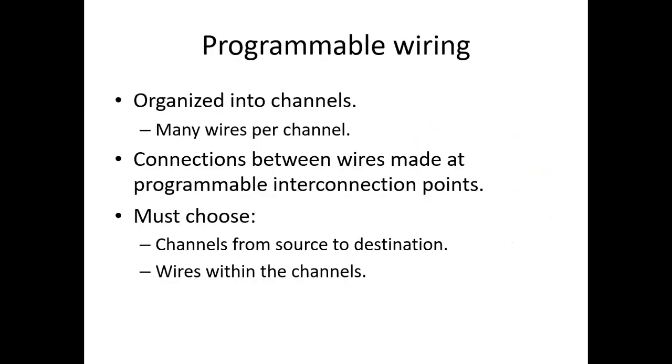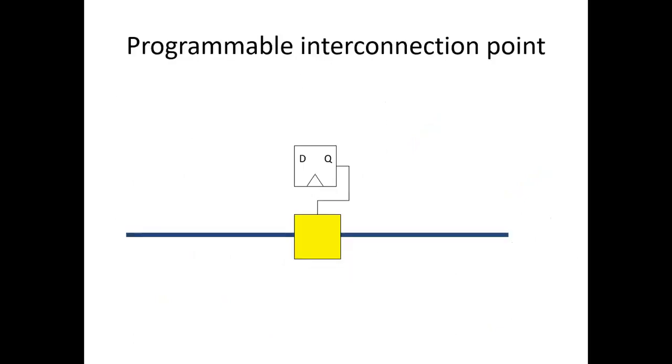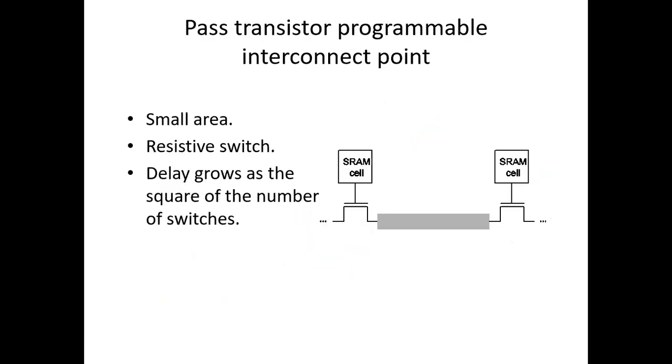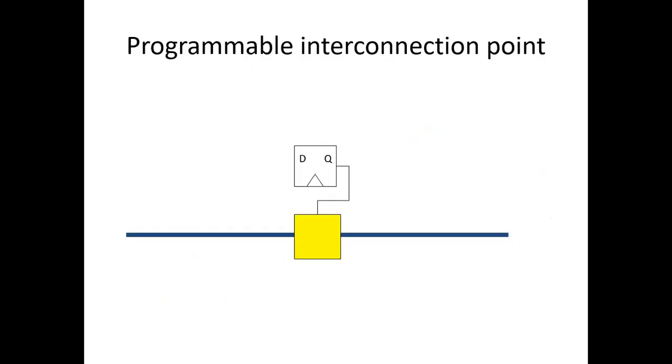Now programmable wiring is organized into 2 channels, with many wires per channel connected between the wires made at the programmable interconnect point, and we must choose the channel from the source to the destination wires within the channel. So this is a good example of a pass transistor or programmable interconnect point.